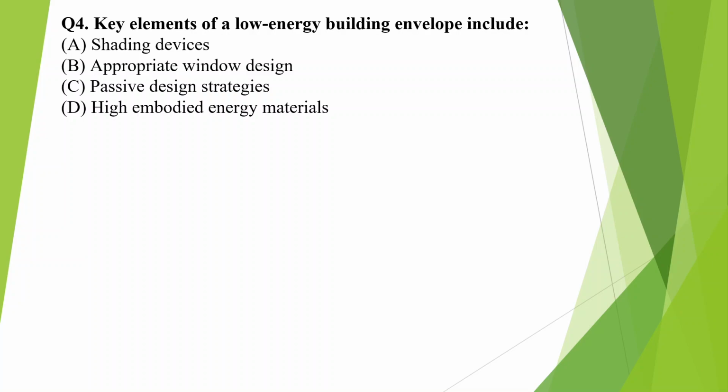So high embodied energy materials cannot be part of the key elements of a low energy building envelope. I hope the explanation is clear, and this was a very good question that only Celine has answered correctly. ABC.